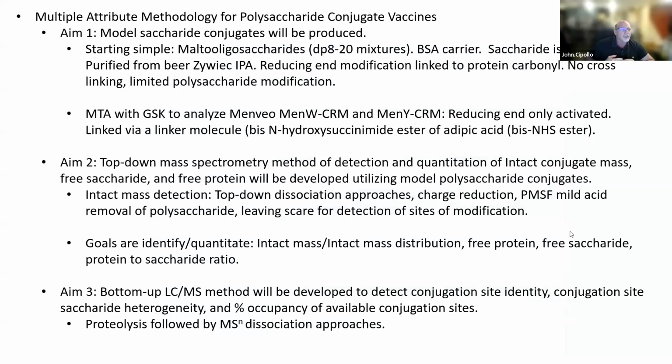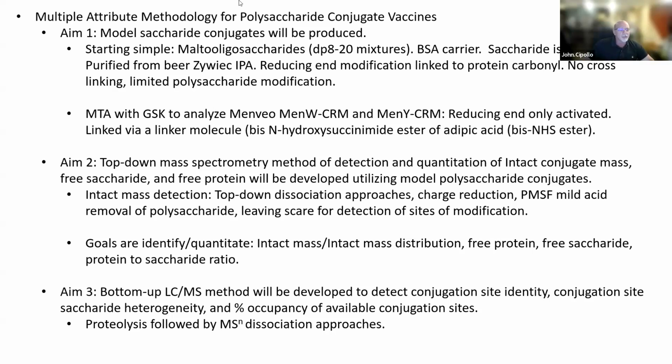So we've already generated multiple oligosaccharide conjugates to BSA. These were basically just 1,4 and 1,6 linked glucose. They'll be fairly simple.